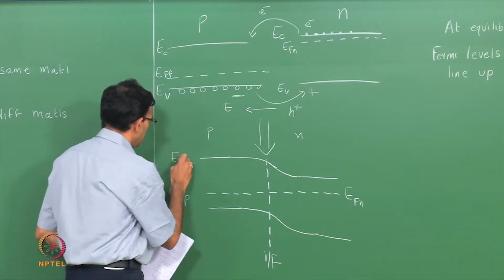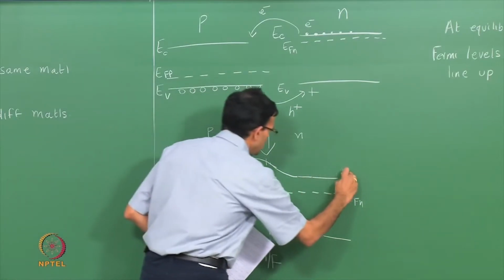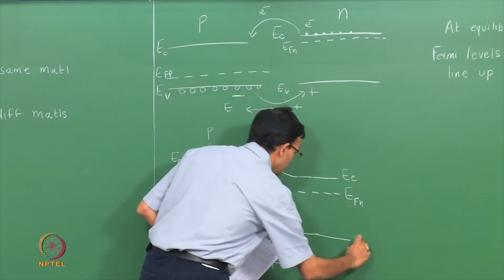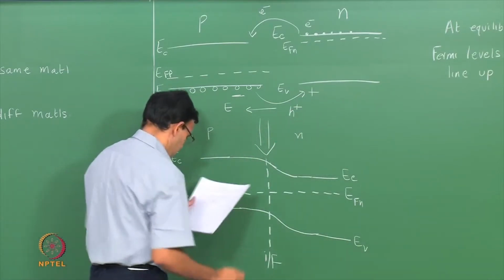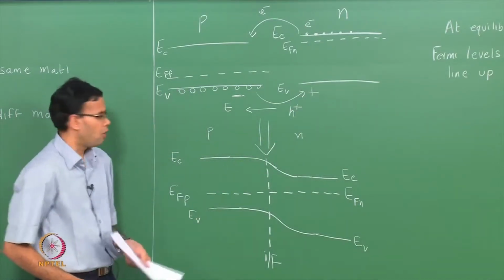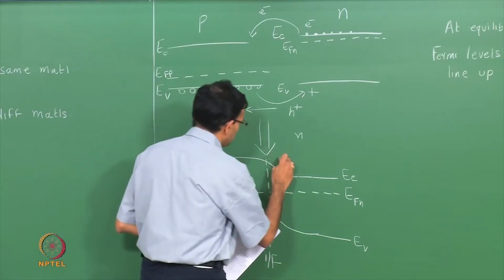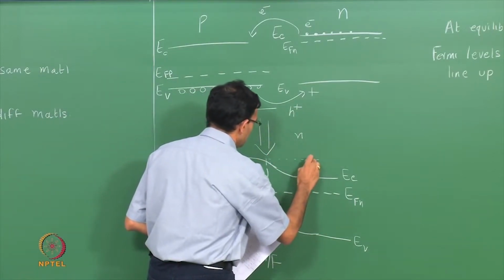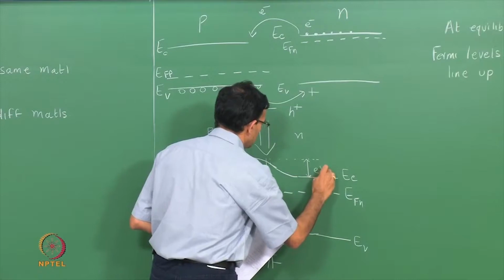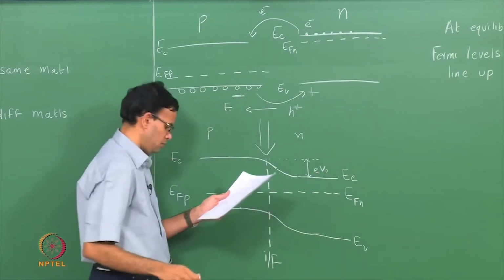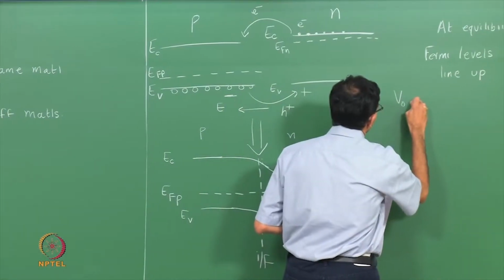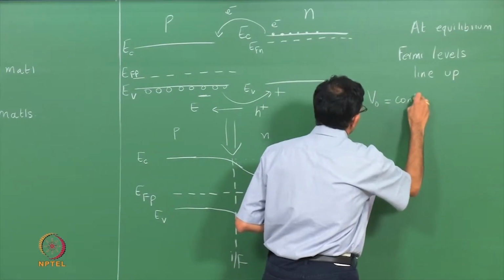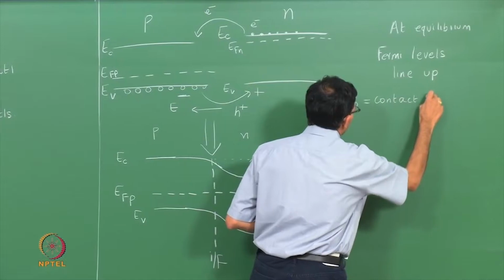This is my conduction band EC, this is my valence band EV, and I have a contact potential at the junction. V naught represents the contact potential.